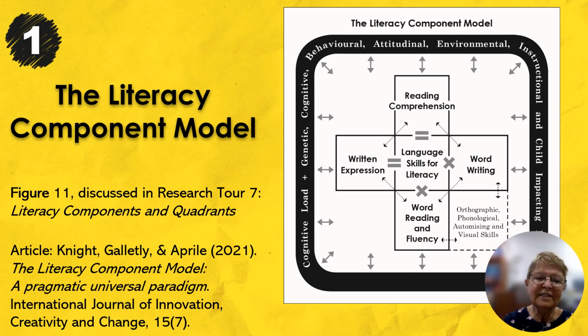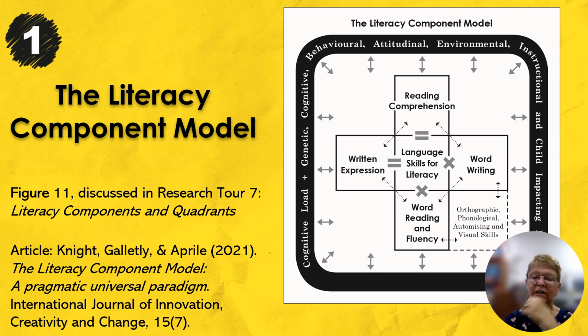The first model is the literacy component model. It builds from Hoover and Gough's simple view model of reading comprehension being language skills times word reading, but it's designed to be very, very practical and more detailed, and for use by schools and educators and academics and researchers.